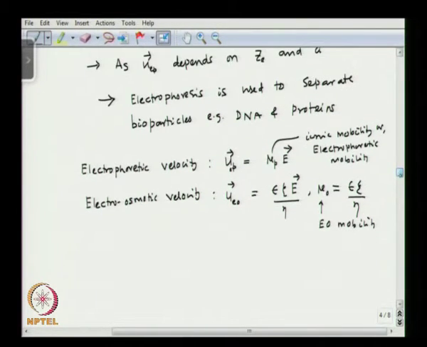Now in a typical situation when we have charged particles in a liquid and we apply an electric field across the ends, depending on the zeta potential we would have electroosmosis taking place, and normally this electroosmosis is very strong as compared to the electrophoretic velocity, okay.